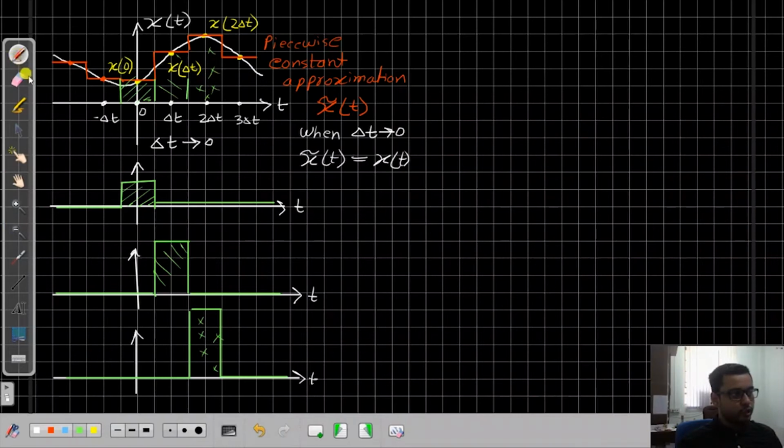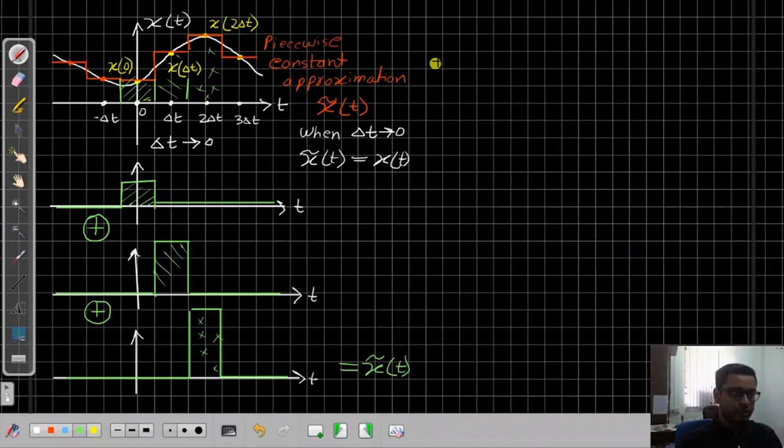Now, if you add all these signals, this plus this and so on, all other parts corresponding to this region and so on, if you add all of them, then that will result in x tilde(t), this red colored signal.